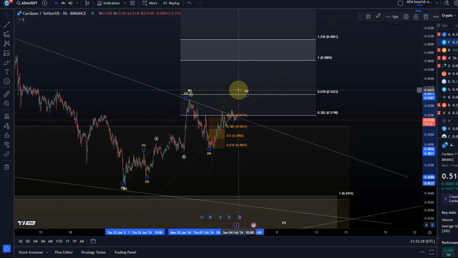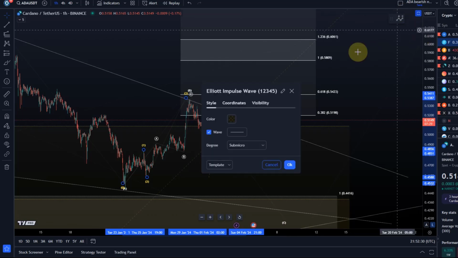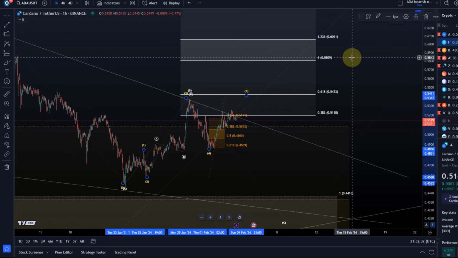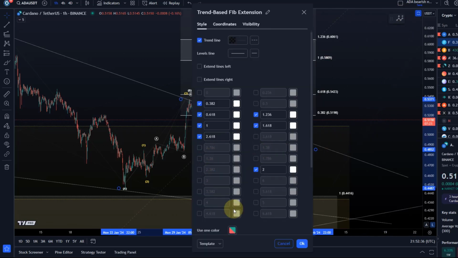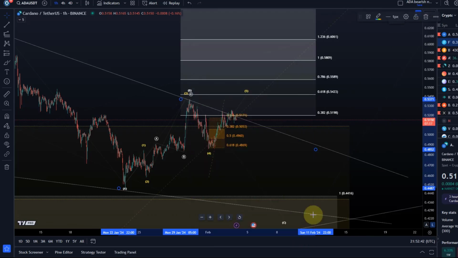It would be a shallow wave 5. It wouldn't be very clear. Better would be the 78.6 extension, which would give a little bit more of a healthy fifth wave. That is actually at 55.9 cents. But we'll see. It's somewhere between 54.2 and 55.9 cents. That, to be honest, would be ideal.